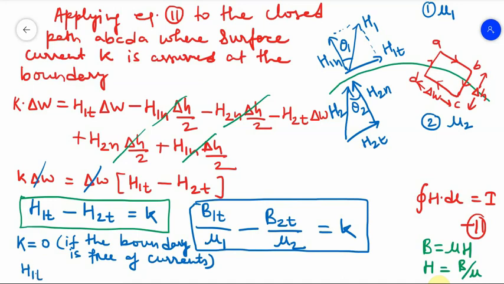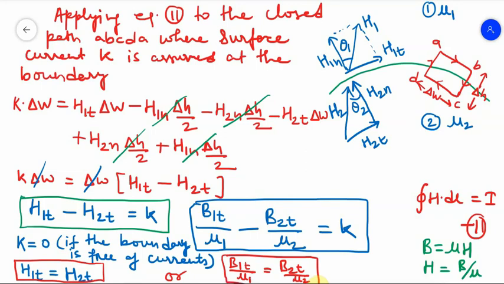This means if there is no existence of current at the boundary, then the tangential component of magnetic field intensity will be continuous, or B1T upon mu1 equals B2T upon mu2.